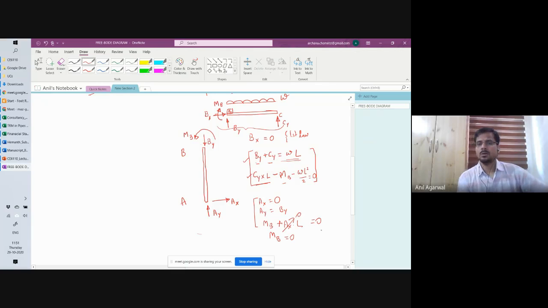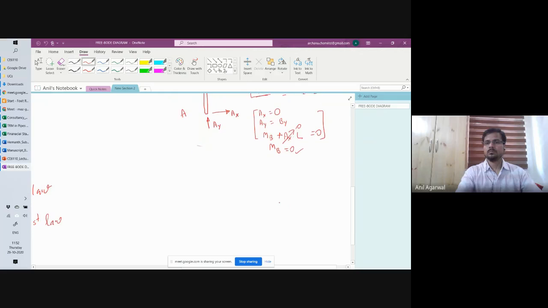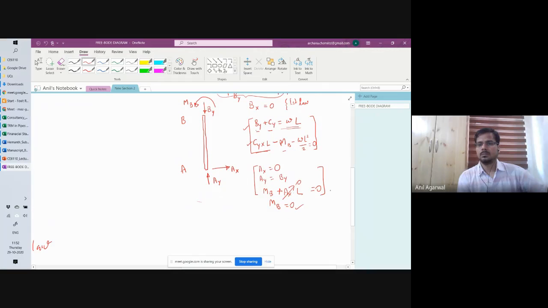So now, after solving this part, I have got one unknown resolved. There are 4 unknowns: AY, BY, CY, and MB. Now MB is known, and the AY and BY relationship is known. Putting this back into this equation, CYL is equal to WL square by 2.